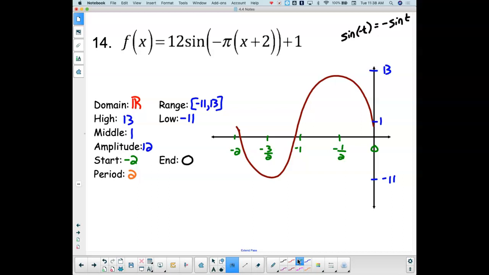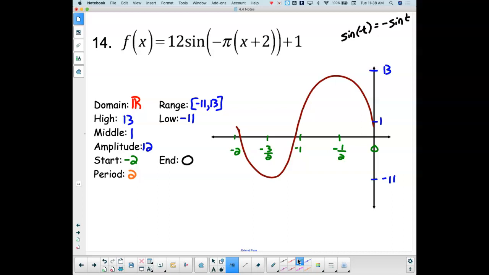Questions, comments, concerns, clarifications? Yes, ma'am. Yes, because it's absolute value. Sine is a negative? Well, it depends.